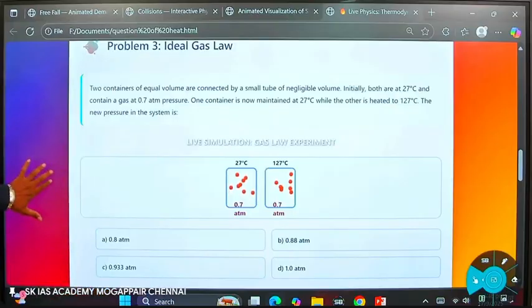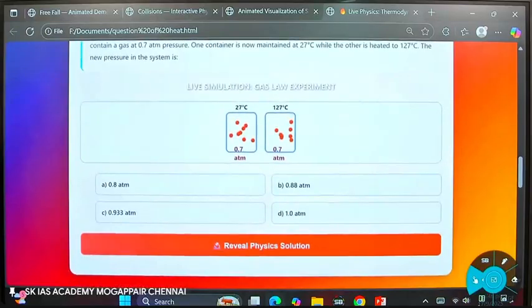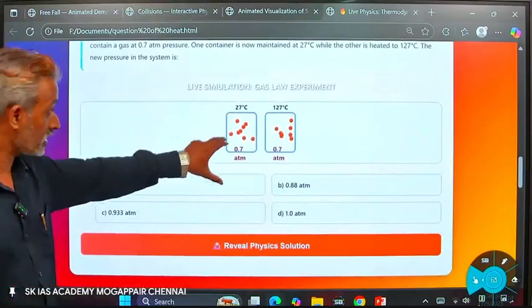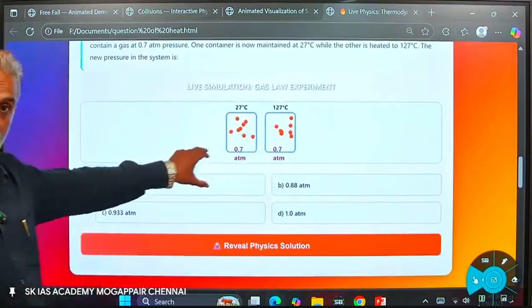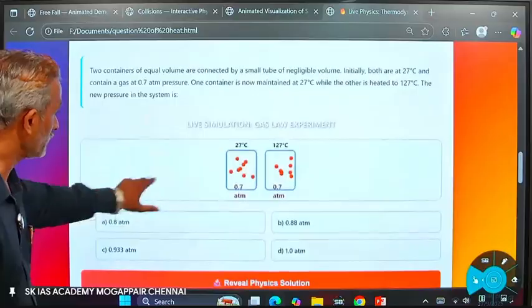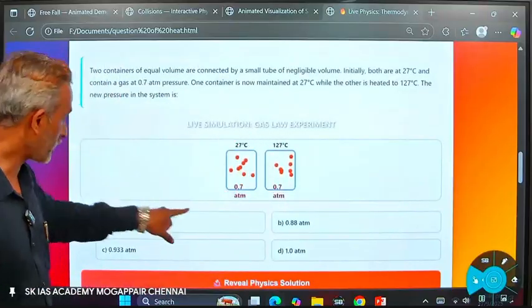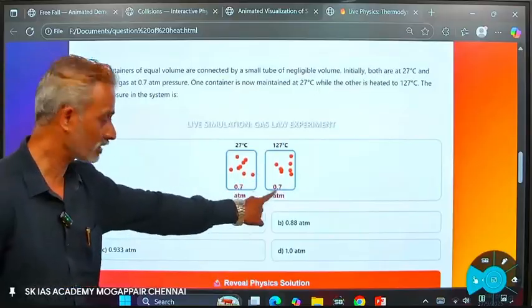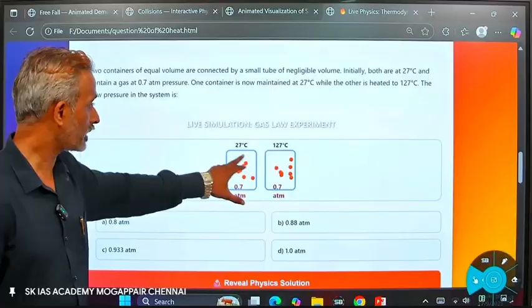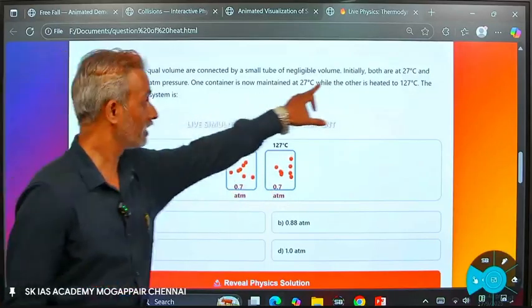So this is your question, correct? What is given in the question: two tubes. First tube how much? 0.7. Okay, 27, 127.